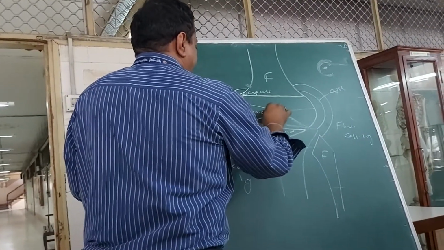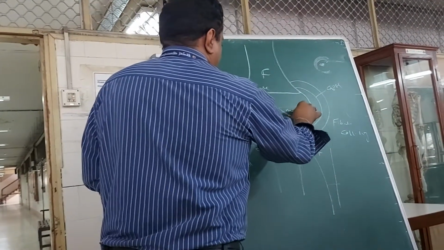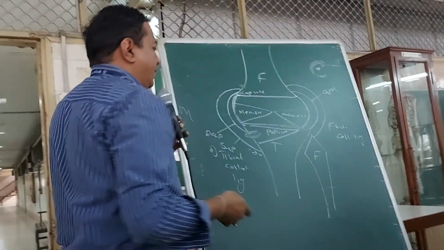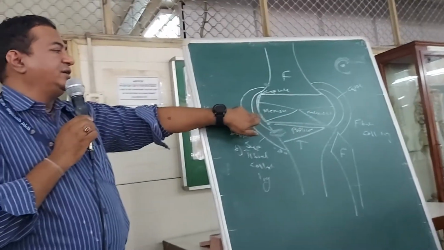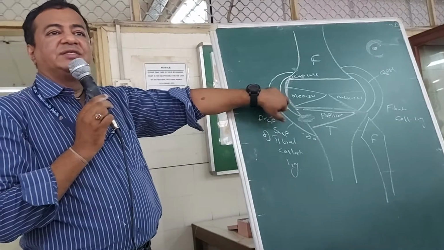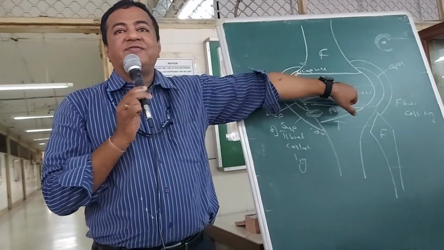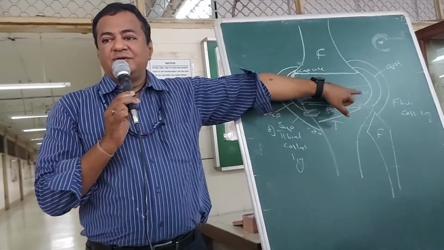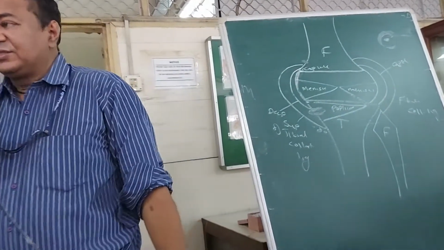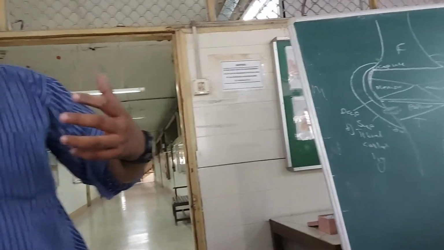Menisci. Now understand here, there is a meniscus on the right side, there is a meniscus on the left side. The meniscus on the left side is attached to popliteus.